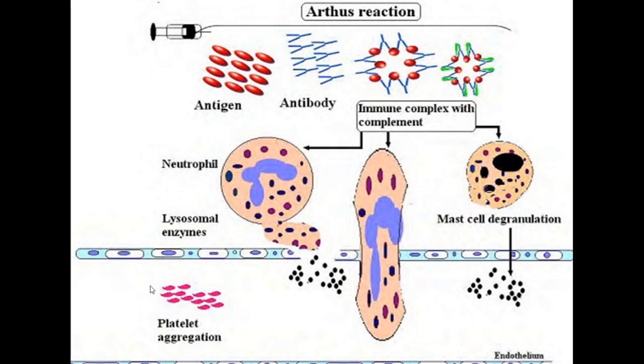Why do we have this situation? Because, remember, we discussed with you Virchow's triad. When we have damage of the intima of the vessel, this is one of the causes of thrombus formation. So that's why platelet aggregation only makes worse the situation with ischemia due to the vasculitis.